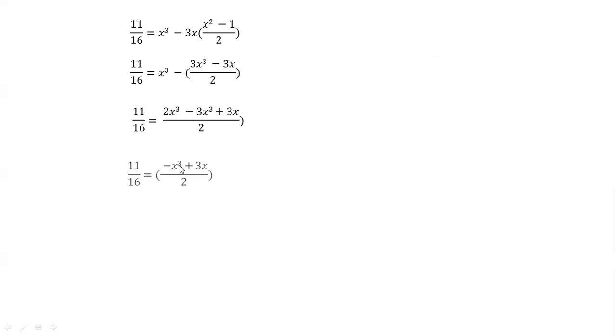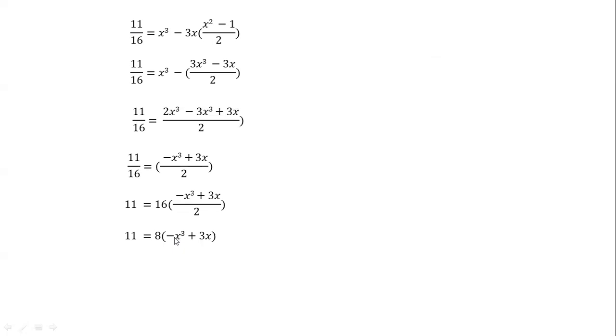So the next step will be (minus x cubed plus 3x) upon 2. Now take 16 to this side. It will be 16 into (minus x cubed plus 3x) upon 2. 2 eights are 16, so 8 will be here. So it will take the form 8 bracket minus x cubed plus 3x.